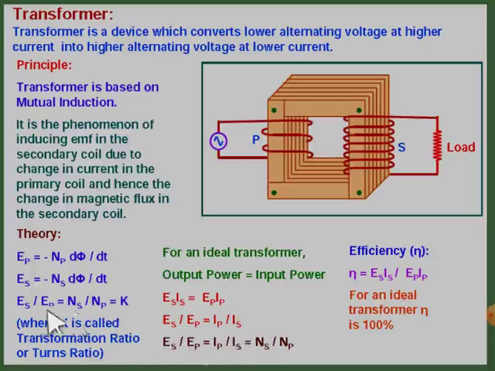So these can again be related as output voltage by input voltage, which is equal to the total turns in the secondary coil to the number of turns in the primary, that means NS by NP. This can again be equated to IP by IS, that means input current to the output current. So this we call as what?